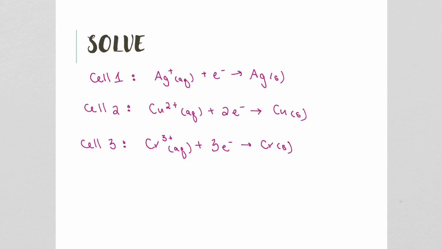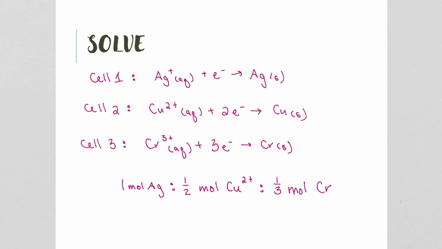So the ratios would be the following: 1 mole of silver, half a mole of copper, to 1/3 of a mole of chromium.